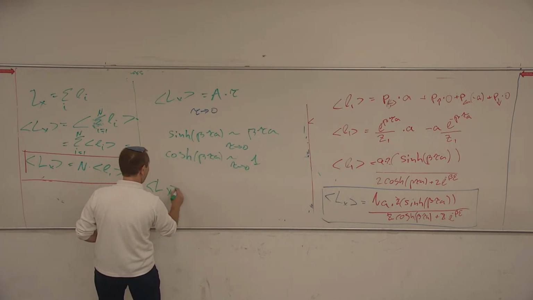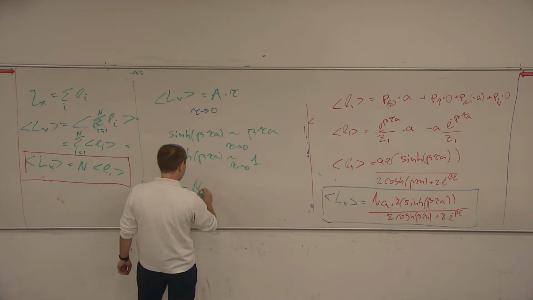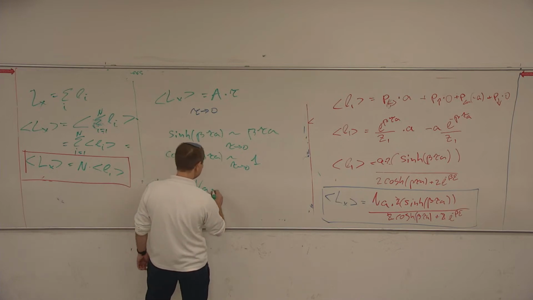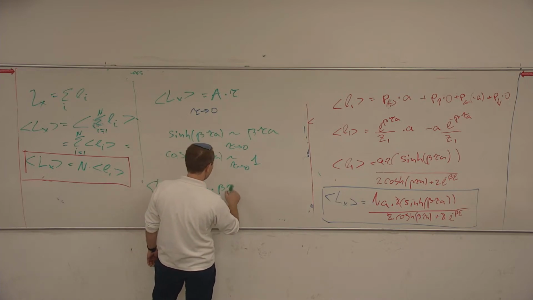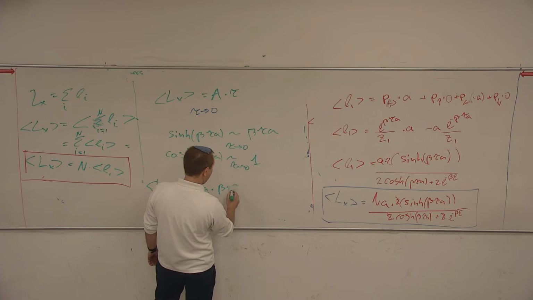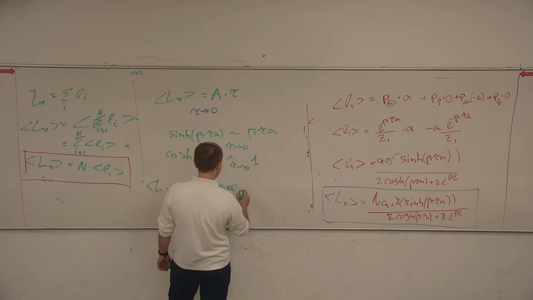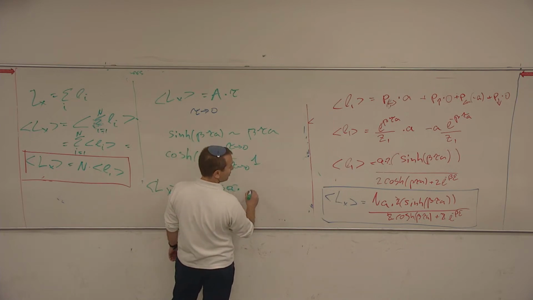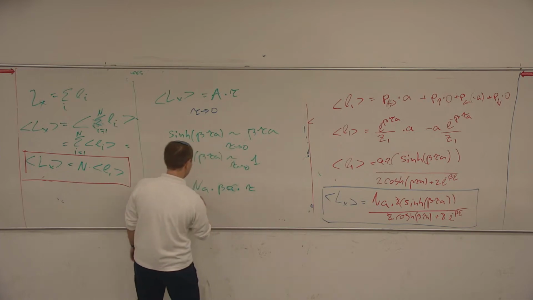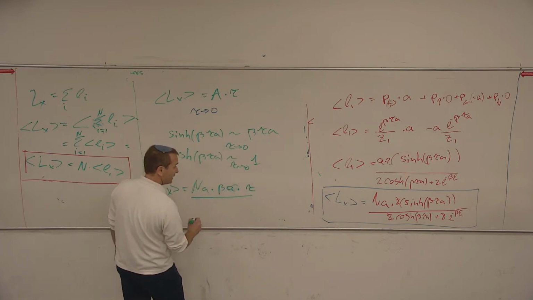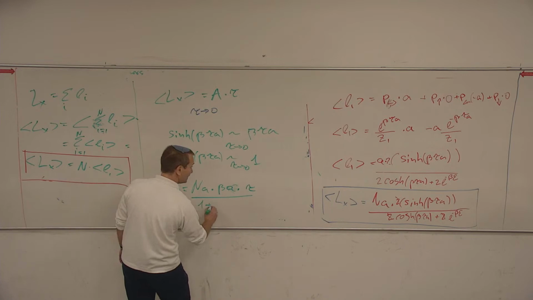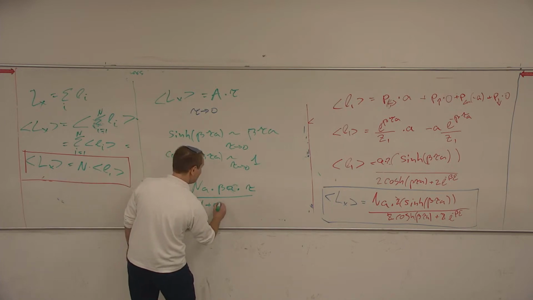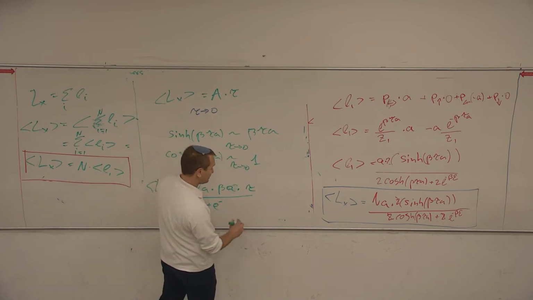Look at this: Lx average is N multiplied by A multiplied by beta A multiplied by tau, divided by 1 plus e to the power minus beta epsilon.